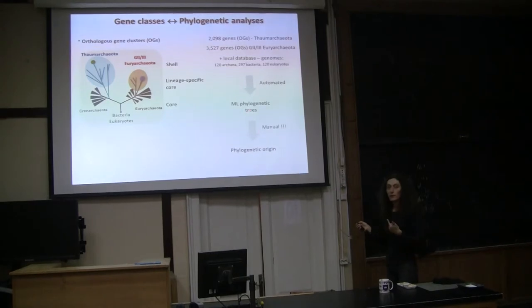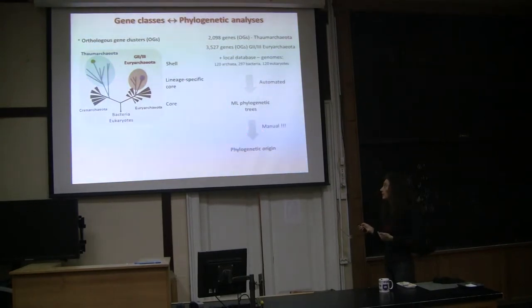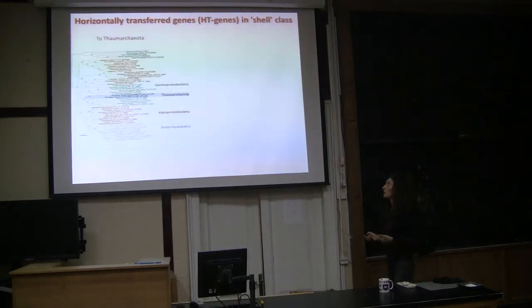Then we looked at these trees manually to decide about the phylogenetic origin of each one of the genes. With that, we were able to refine our classification. By doing this phylogenetic analysis, we detected cases of genes that have been transferred from, in this case, bacteria to Thaumarchaeota in the shell class.